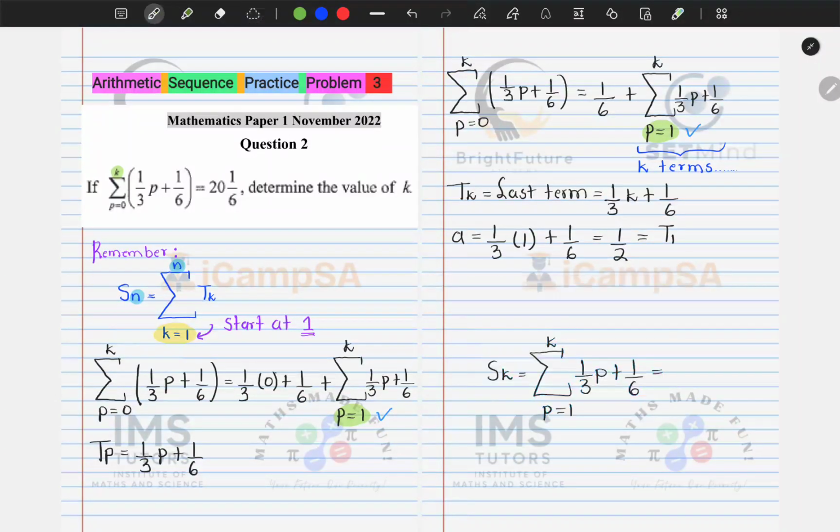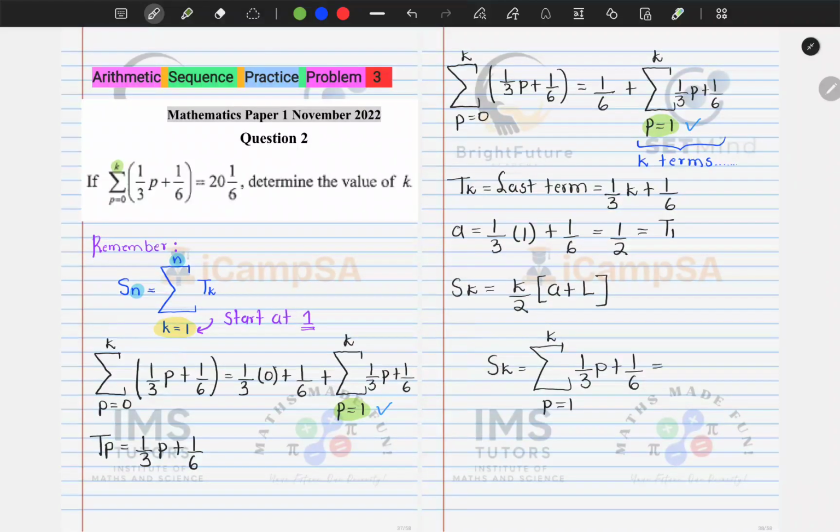Let me show you which one is that. So we are going to use this equation where we have n over 2, or we are going to use k because we have k terms, over 2 into a plus l. So that is the one which we are going to use. So it means we are going to have k over 2 into the first term. As you can see, it is a half. And the last term there, let's go ahead and add it.